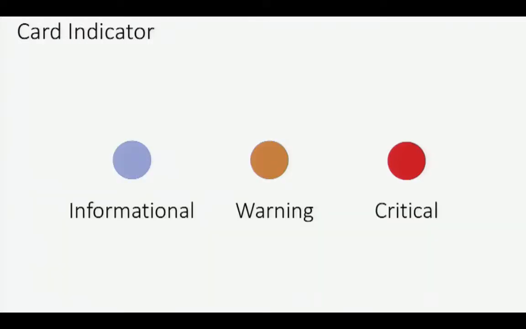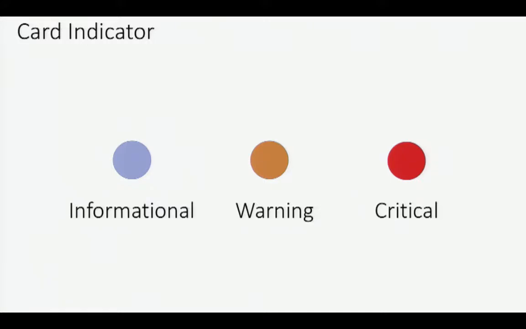That indicator value that I mentioned, there are just three values: informational, warning, and critical. This is an indication to the EHR as to how they should treat and render the card. So you can imagine an EHR might want to color code the cards in some fashion based upon this indicator, or perhaps display them in the EHR in different areas depending on the importance.